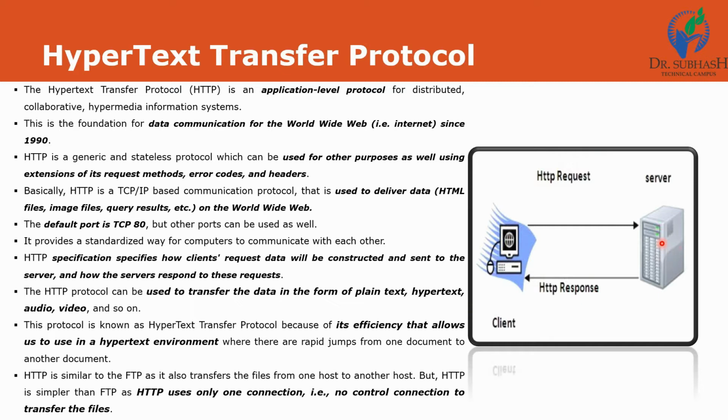It generates one output, and this output is again provided from the server to the client in the form of an HTTP response. This is a simple architecture of the HTTP protocol, right?